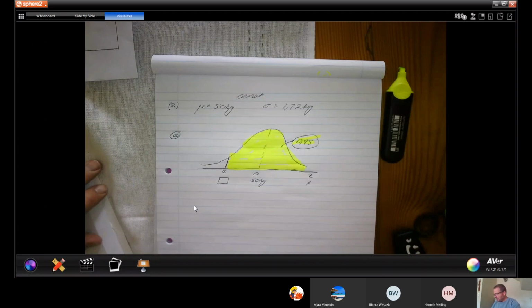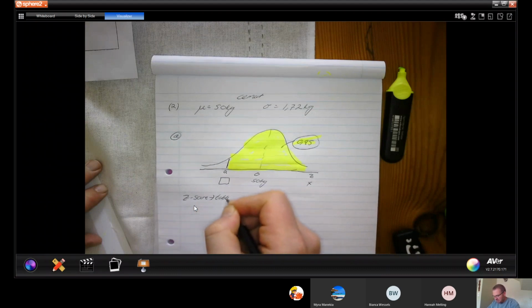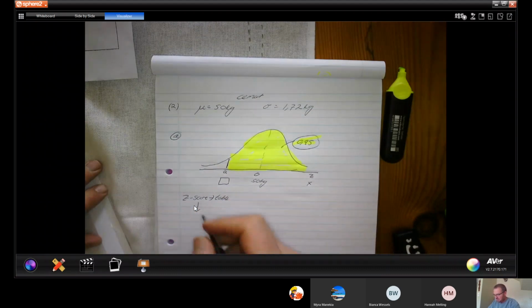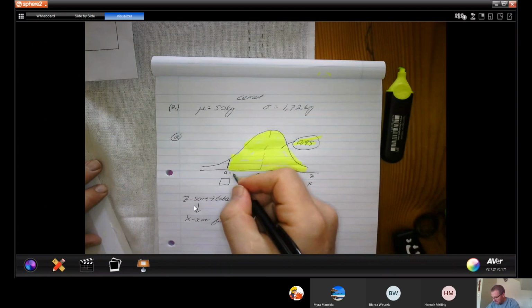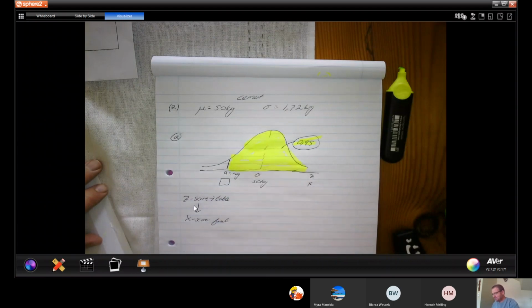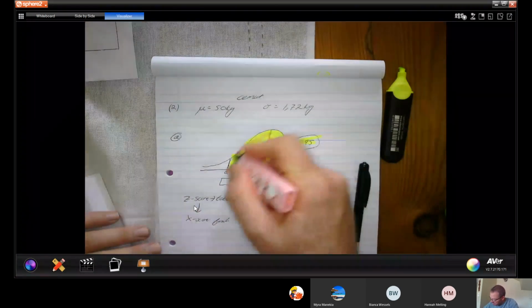Okay, so now the objective is, first of all, to find the Z score using the table. Once we've got the Z score using the table, then we're going to get the X score using the formula. First of all, remind yourself this Z score is going to be negative. Haley, I'm going to need the pink area here.